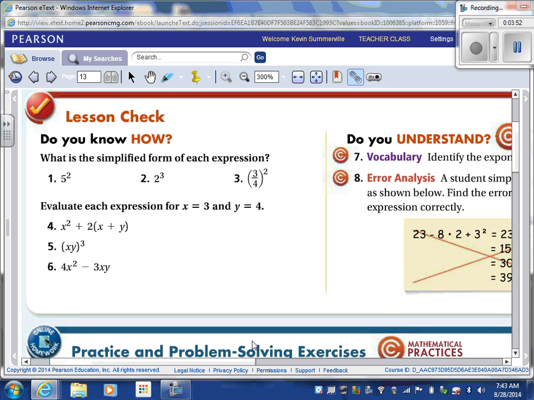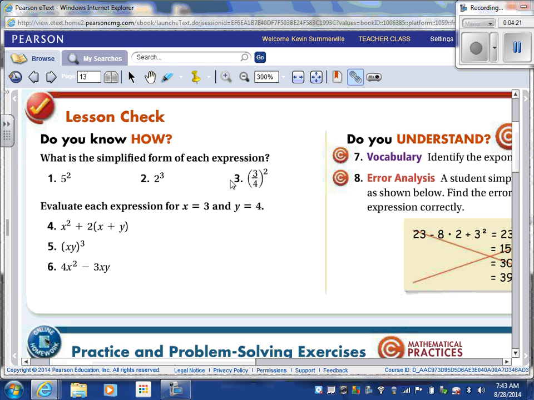Let's take a look at question number 3. Question number 3 is asking me the same thing, but it's a fraction now. So I'm going to rewrite it here so we can see a little bit better on the board. 3/4 to the second power. What does that mean? This 2 on the outside of the parentheses goes with everything on the inside.